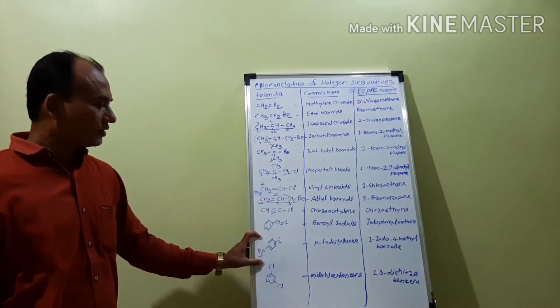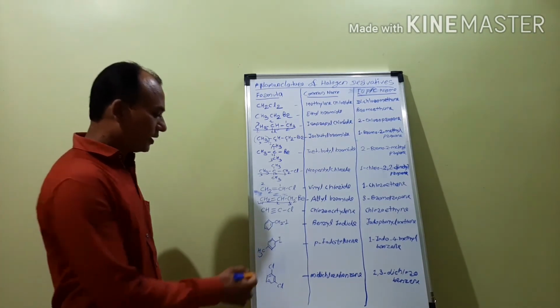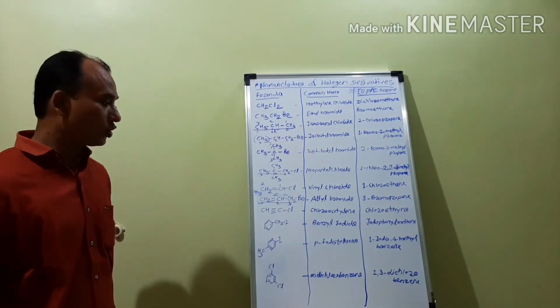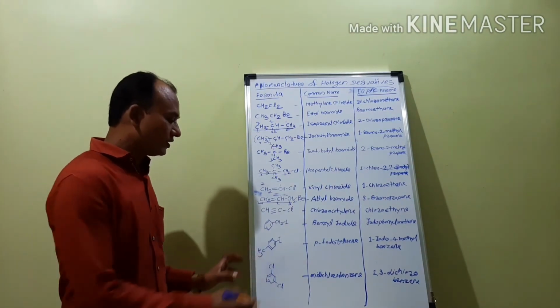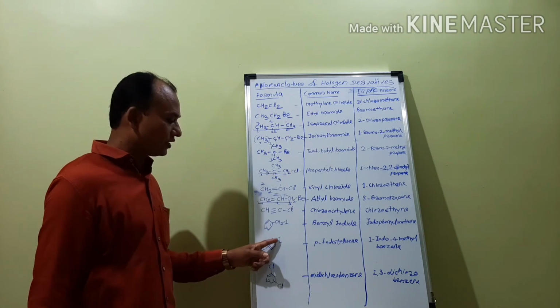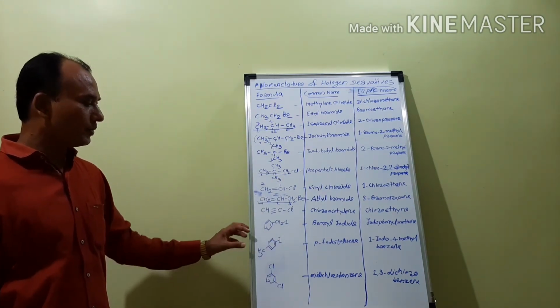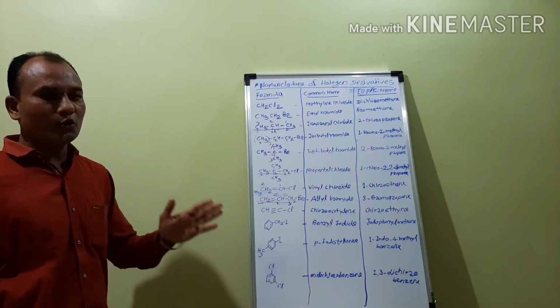Next, what is the common name? If the benzene ring is attached to a methyl group, it is called toluene. And if the benzene ring is directly attached to iodine, it becomes para iodotoluene.